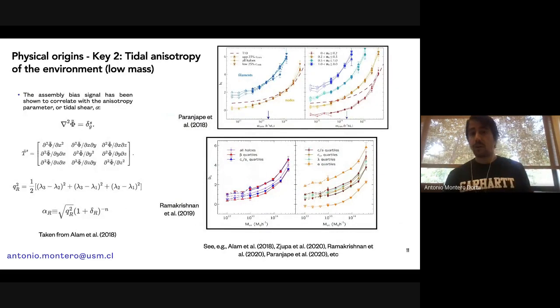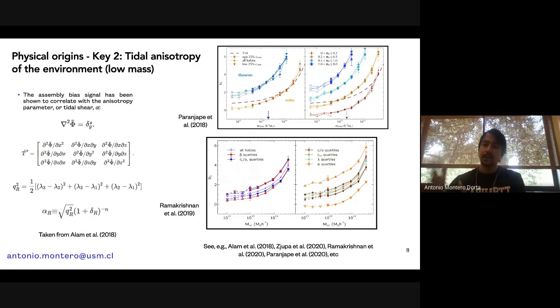The other thing that is very related to this, that people have looked at, is, if I'm not mistaken, almost the same thing but studied in a different way: the tidal anisotropy of the environment. Again, this is for lower mass halos, where the assembly bias signal is larger.